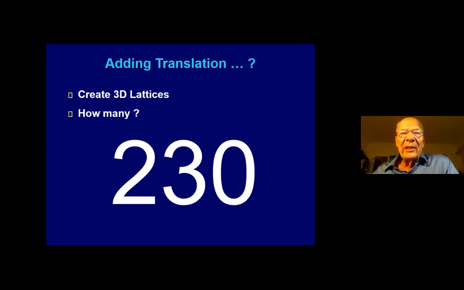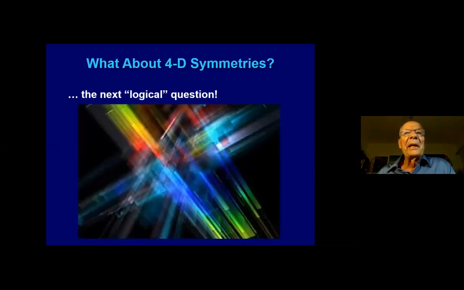Instead, since we could handle all finite objects so far, let's talk about the symmetries of 4-dimensional objects. This seems like the next logical question, right? But wait, what is this 4th dimension?